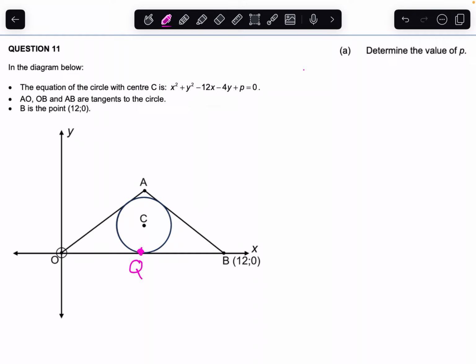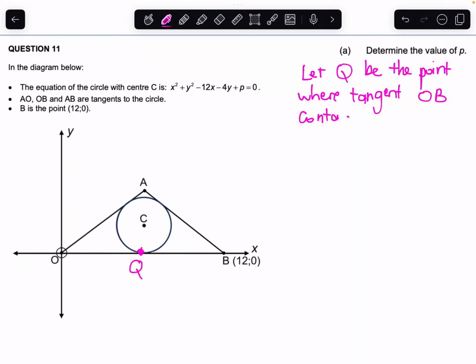I'll say let Q be the point where tangent OB contacts the circle.